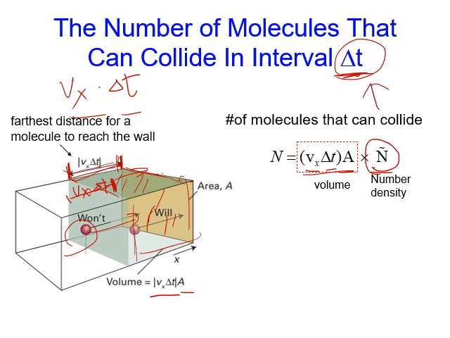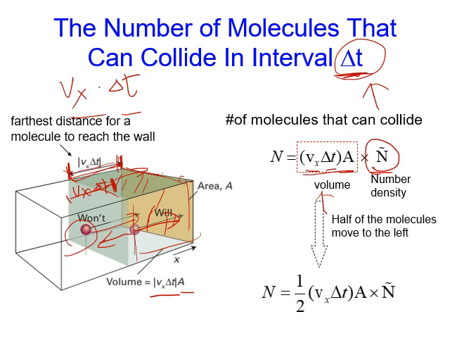But in statistics, whenever you have a molecule moving towards the right side, there must be one moving towards the left side. They have equal chance, and therefore not all of them will collide with the wall, only half of them. So you multiply by half. So half vx delta t times A times the number density is the total number of molecules that can collide with the wall on the right side in the time interval. Next slide, we're going to calculate the total momentum change.